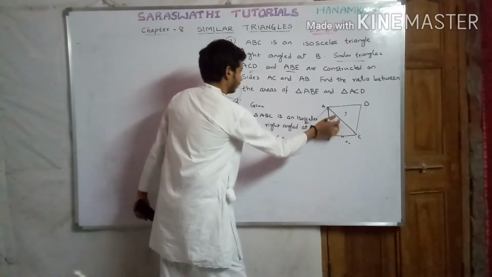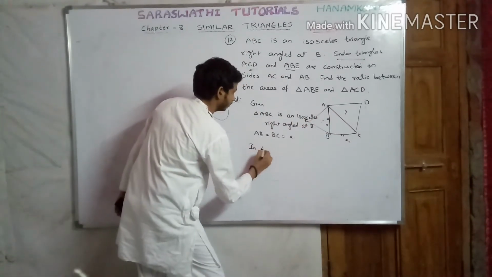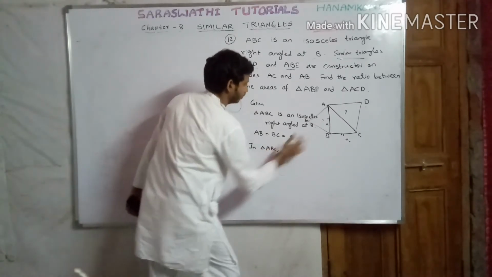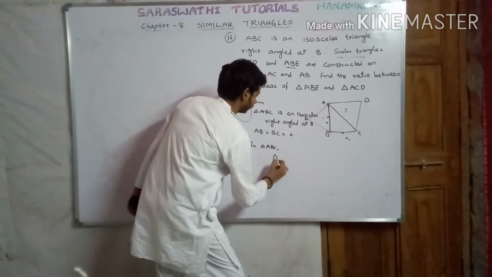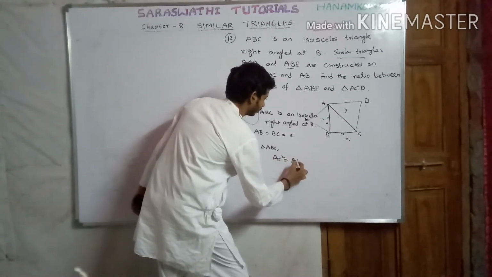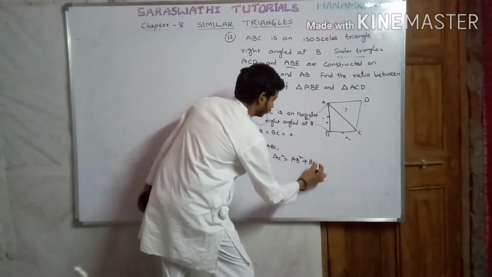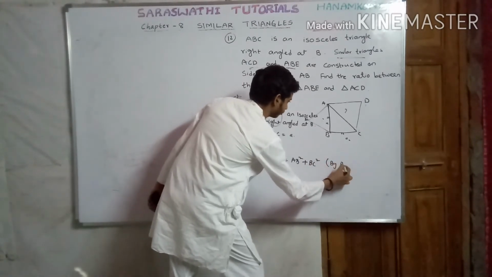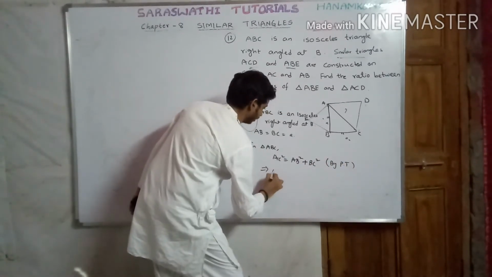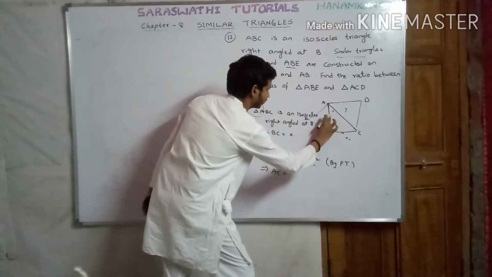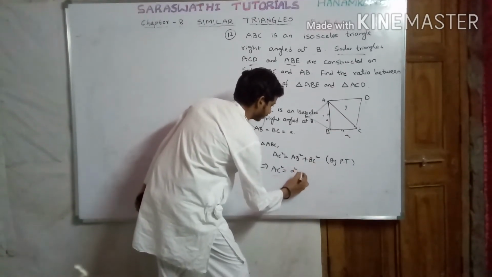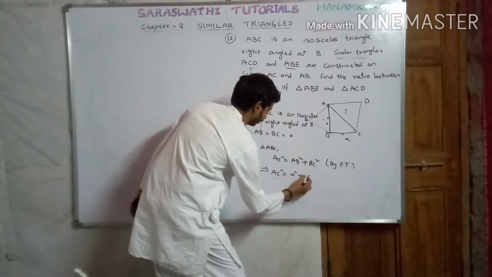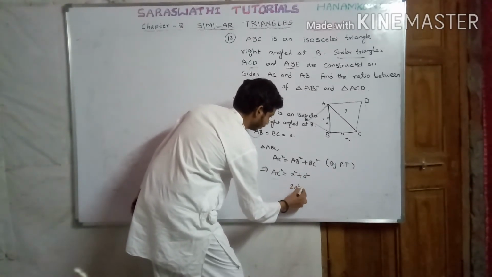Okay, in triangle ABC, since ABC is a right angle triangle, if we apply Pythagoras theorem, AC square equals AB square plus BC square. So AC square equals A square plus A square, which is 2A square.